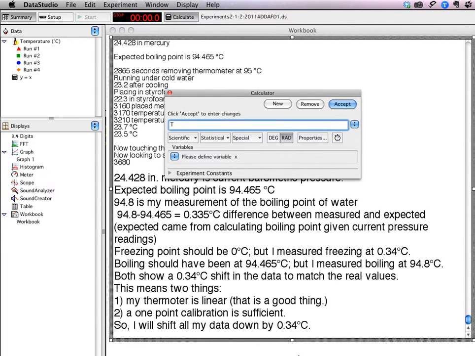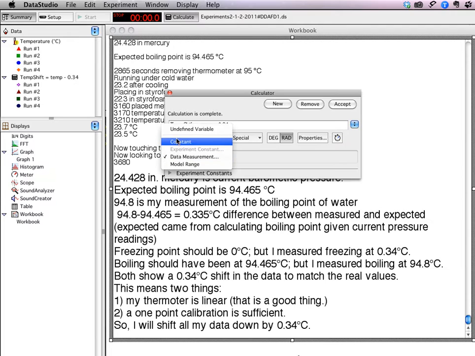And let's call this temperature shift. And say equals the temperature minus 0.34. And hit accept, and it says, well, what do you mean by temperature?